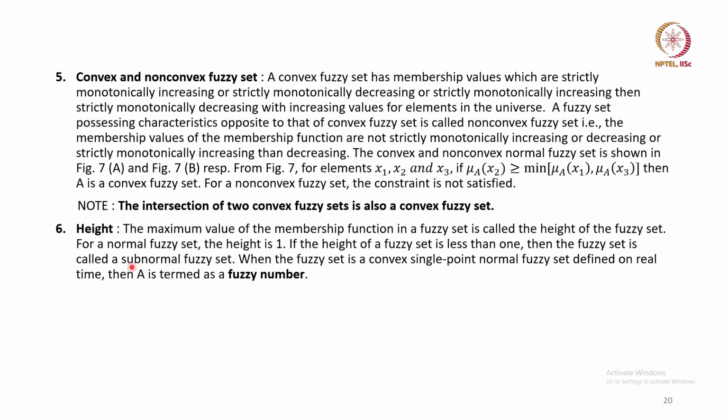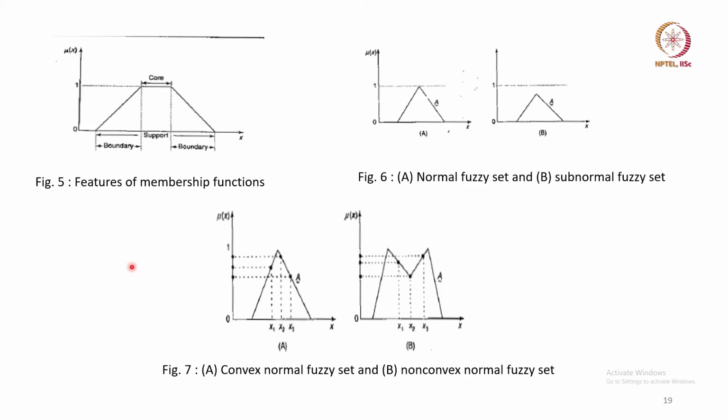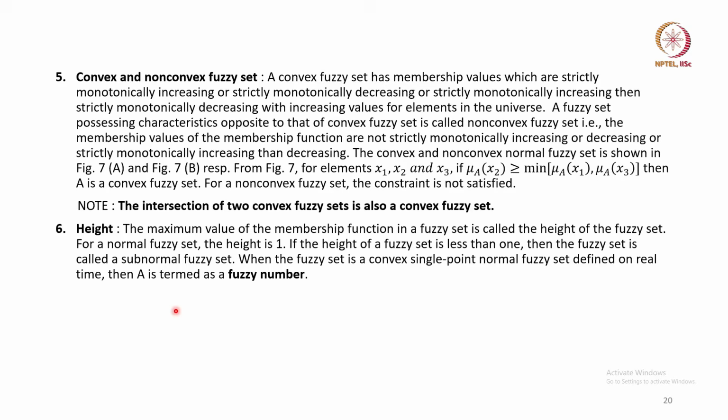And then we have the concept of height. The height is the maximum membership value that you have in your membership function. The maximum value that it can take is 1. If you have a normal fuzzy set, obviously you have at least one point which has a membership value of 1, so the height will be 1.